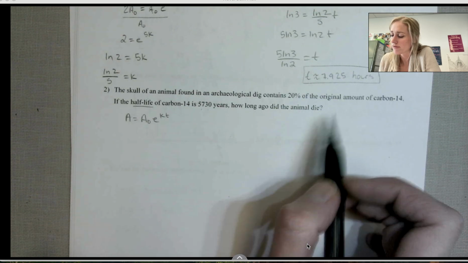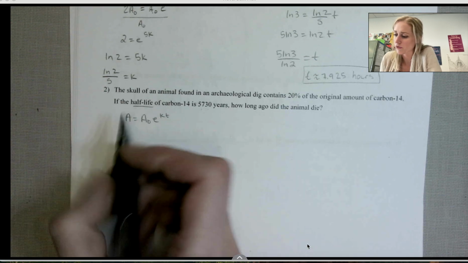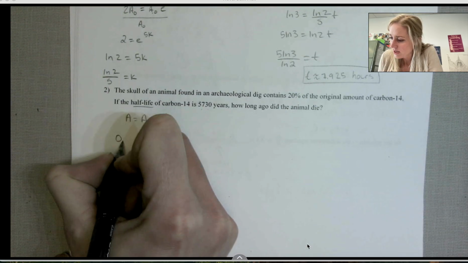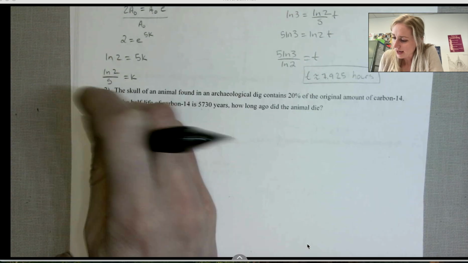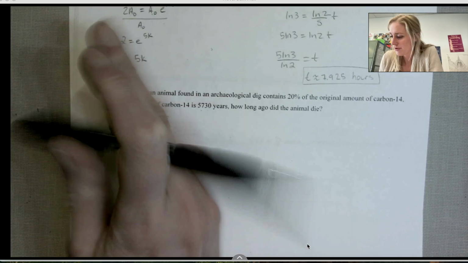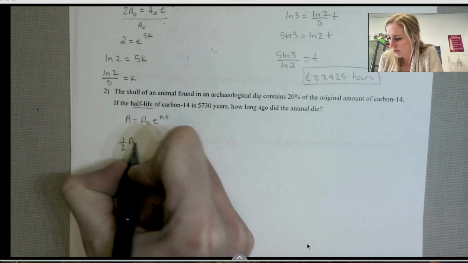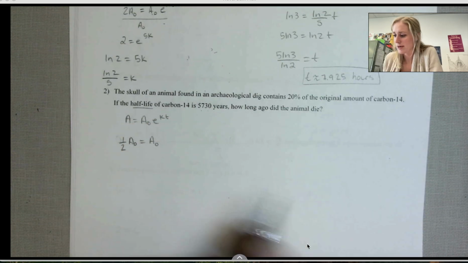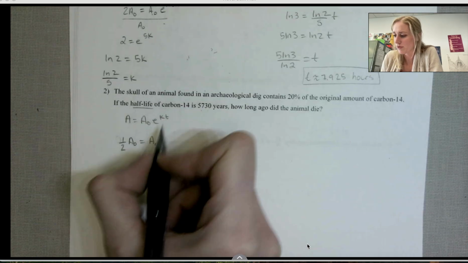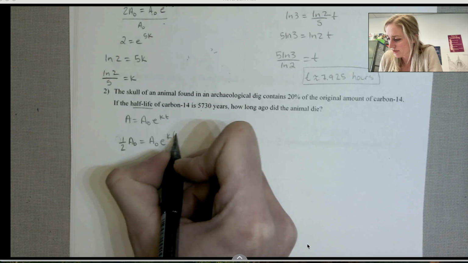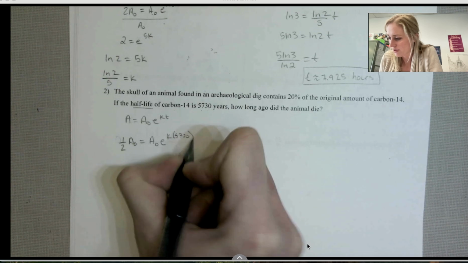So we're trying to find out how old this animal skull is, but we are going to know that half of our amount, right? If my original amount is A naught, half of it is going to be left after 5,730 years, right?